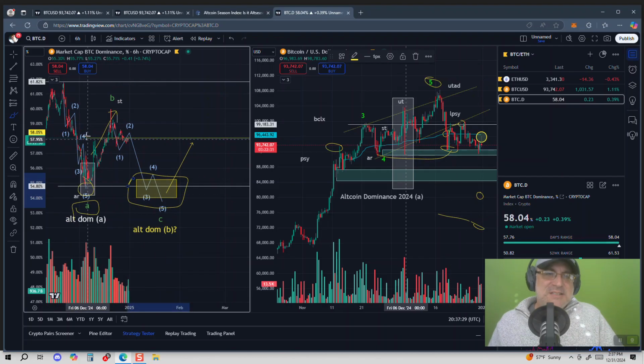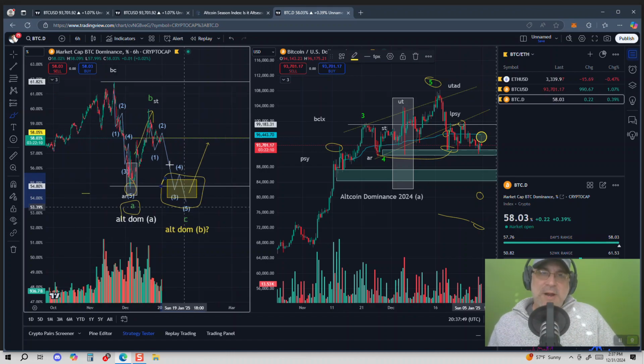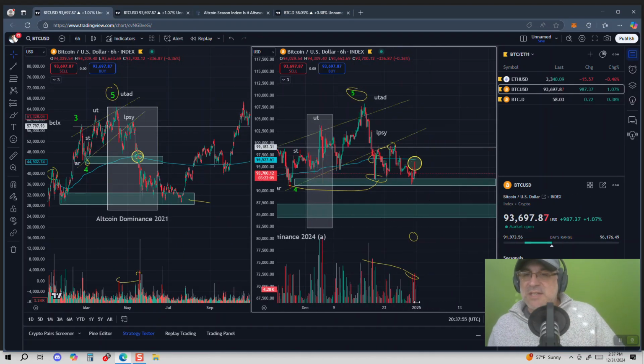If it completes this zigzag, this would be the sign of weakness in B. If it comes all the way down, the macro C correction, then it would be considered a loss of dominance, and we can anticipate the altcoin rally coming back into season, and that would necessitate Bitcoin probably coming down, if it plays out like this, to this area here into the mid to low 80s and reconsolidating.